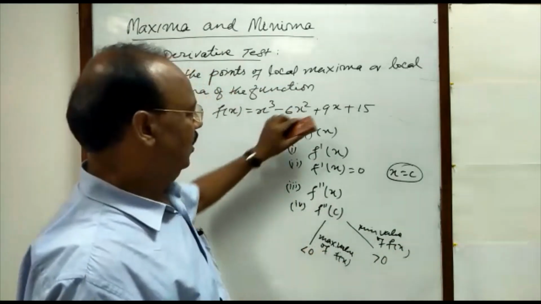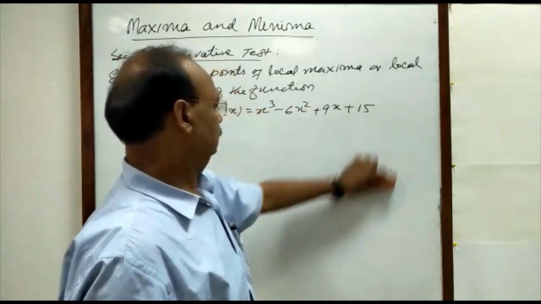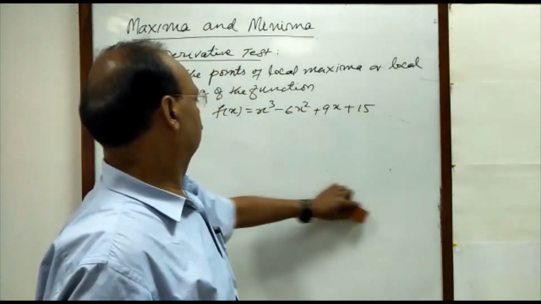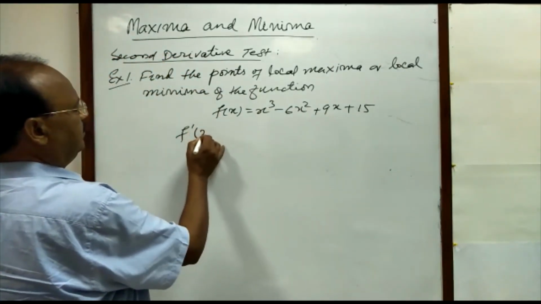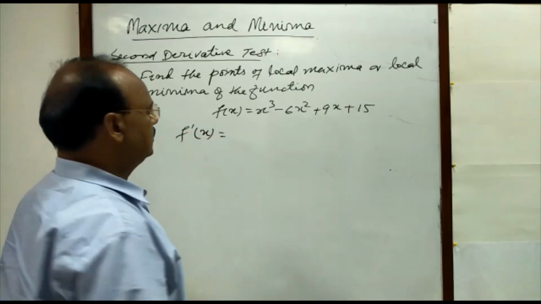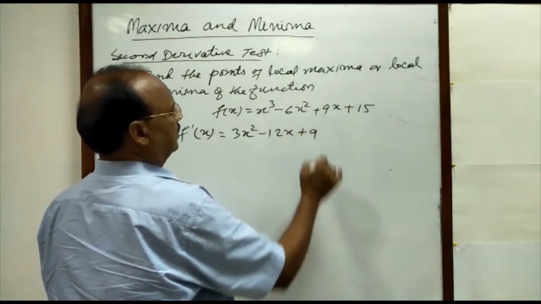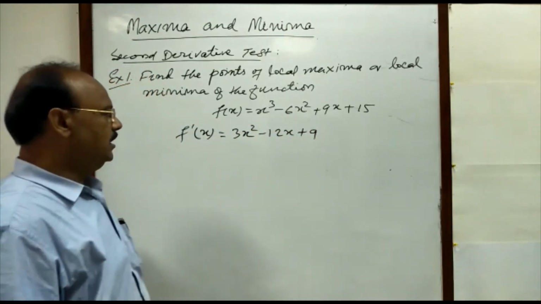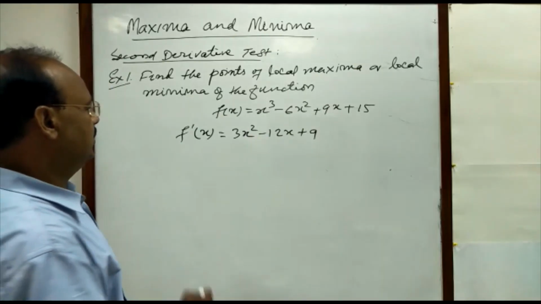So let us see how we can initiate. First of all, we'll find first derivative f dash x. This will be 3x square minus 12x plus 9. Next step, we have to equate this expression with 0.